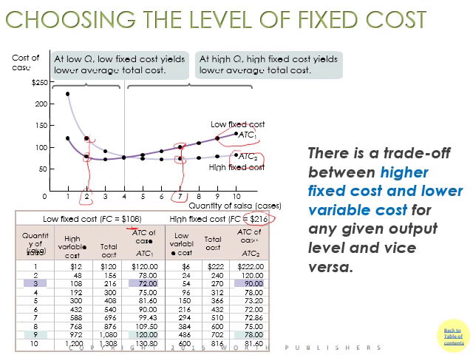So in a sense, there is a trade-off between higher fixed costs involved in the bigger plant, but you have lower variable costs. And you can see in this example, if you have a plant size above 4, then it's going to be more efficient to use the bigger plant, or at least in terms of your average total cost, than it would be to use the smaller plant.